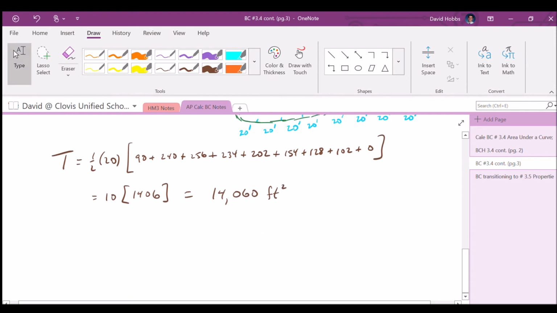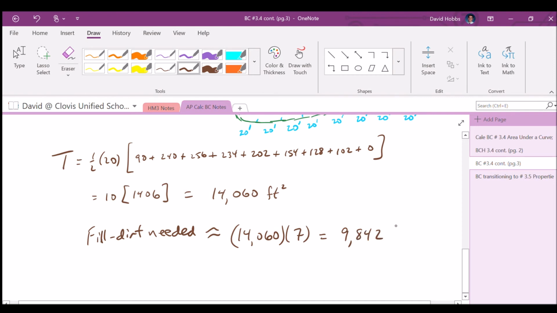Okay, which means if we multiply times the average depth, fill dirt needed, approximately 14,060 times 7 equals 9,842 cubic feet. Okay, so 10,000 cubic feet definitely ought to do it.